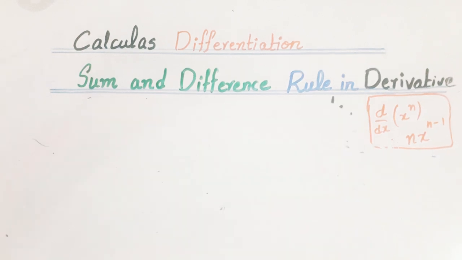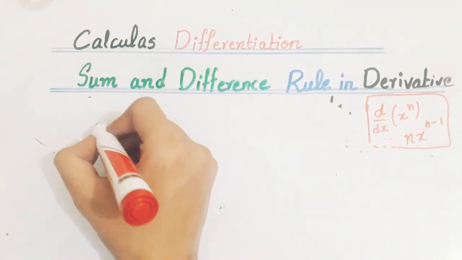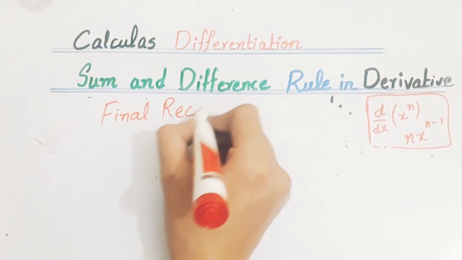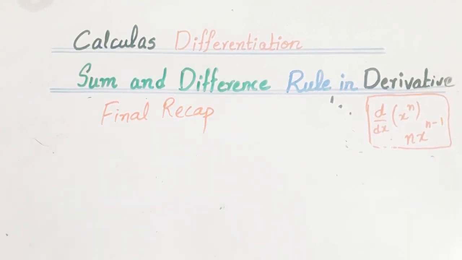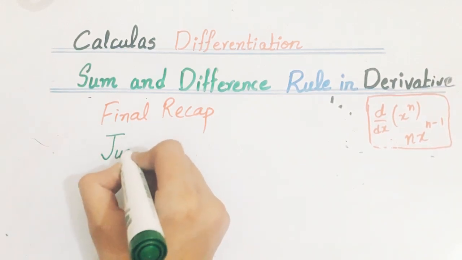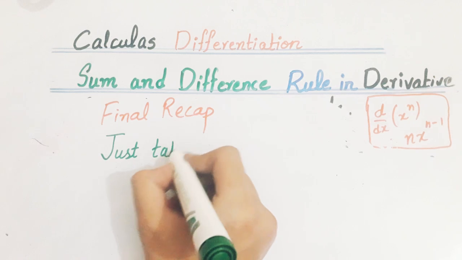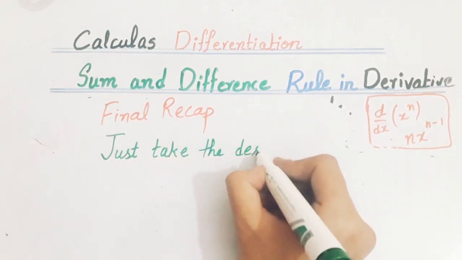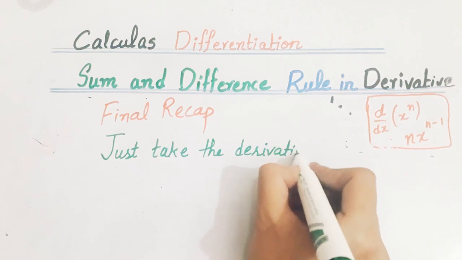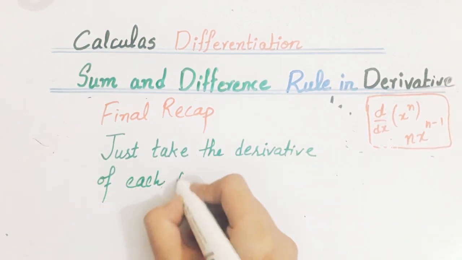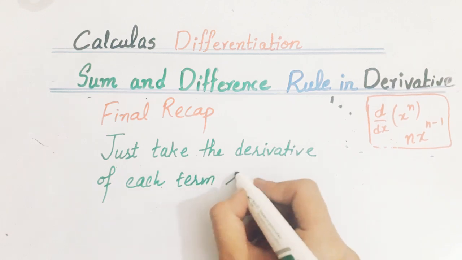So now here is a quick final recap of how we solve this. Just remember, just take the derivative of each term separately.